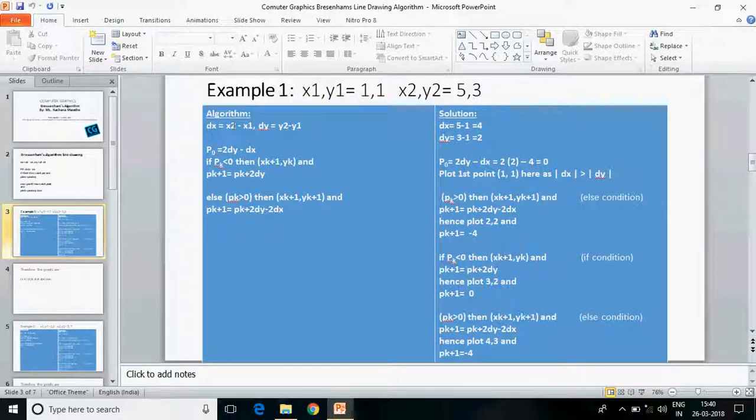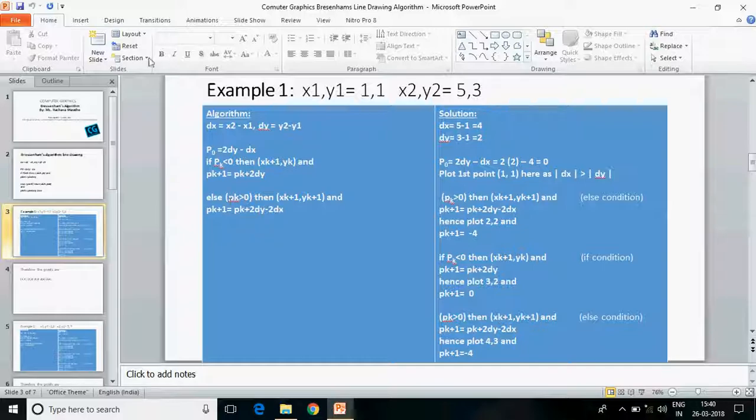So let's look at the algorithm. First step is to find the dx and dy. Dx is x2 minus x1, that is 5 minus 1, which is equal to 4, and dy is y2 minus y1, in this case 3 minus 1, which is equal to 2.